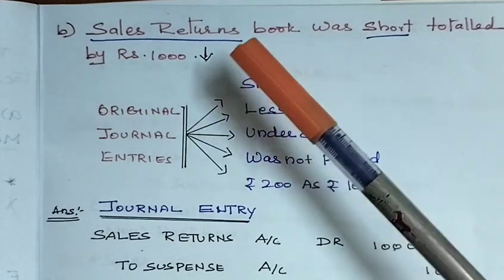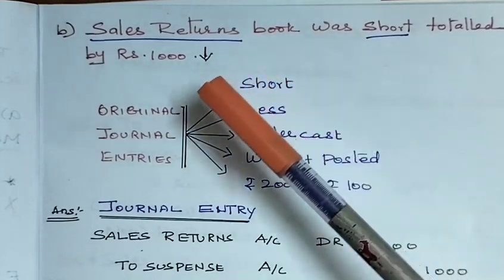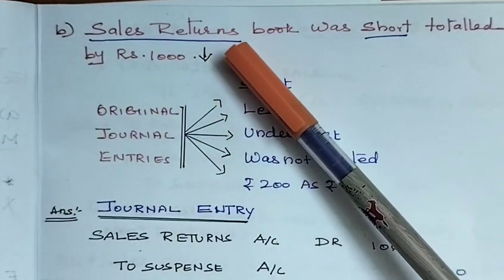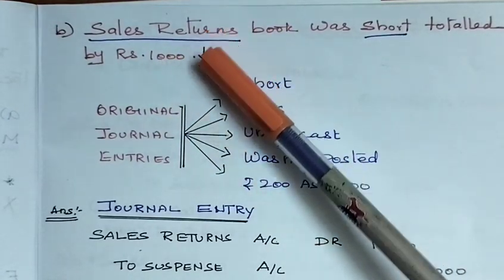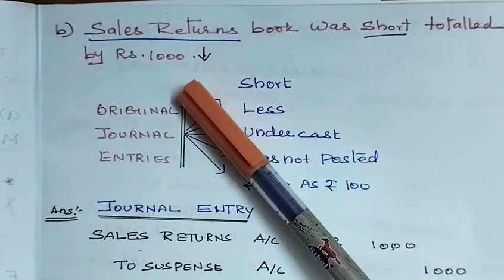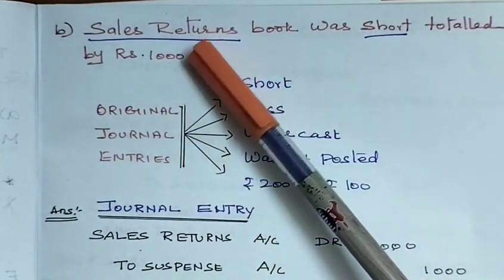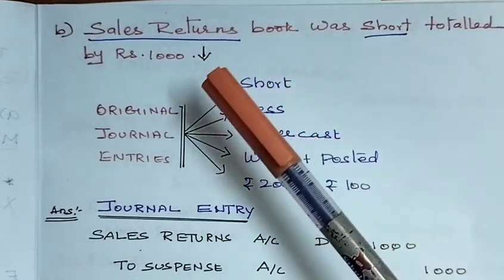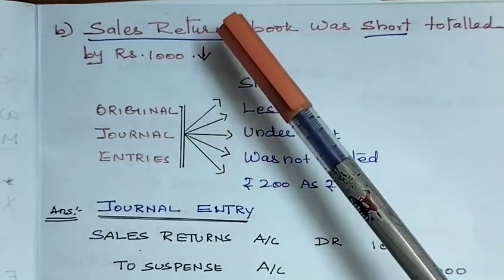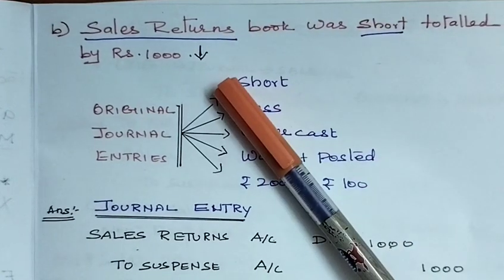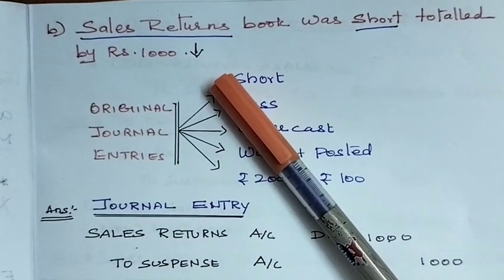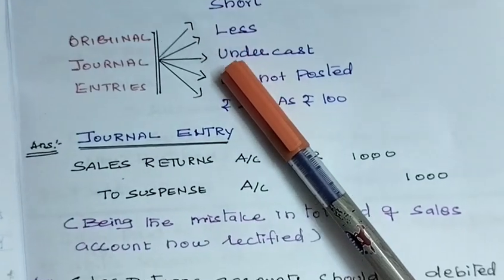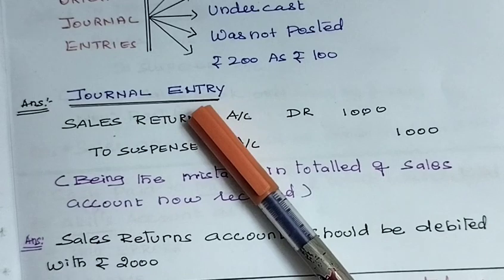What does this transaction tell us? 1000 rupees shortage in the sales return book. This is the error. Shortage means decreased, so 1000 rupees decreased in the sales return book. So how do we rectify this error? We have to follow the original journal entry.